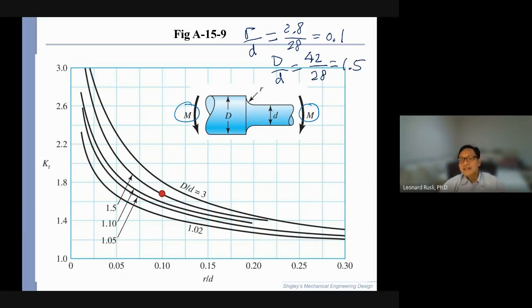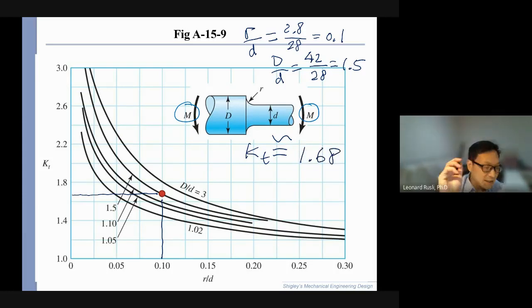So using these numbers, then we look at the plot. Look at the lines first. D over d equals 3, D over d equals 1.5. There we are. Okay? r over d, 0.1. And therefore, my Kt is approximately 1.68. This is for the bending, yeah? This is for the bending.